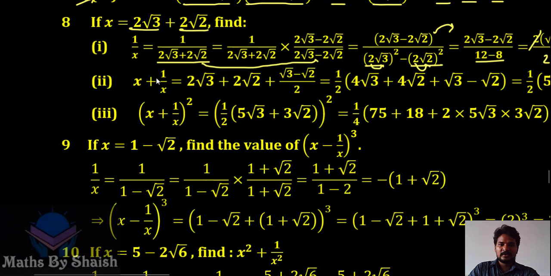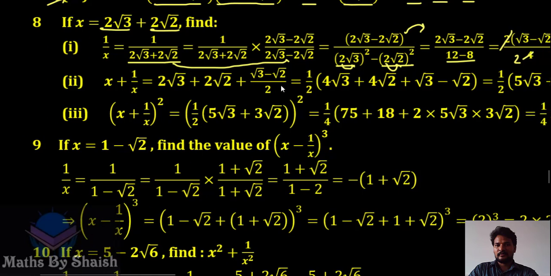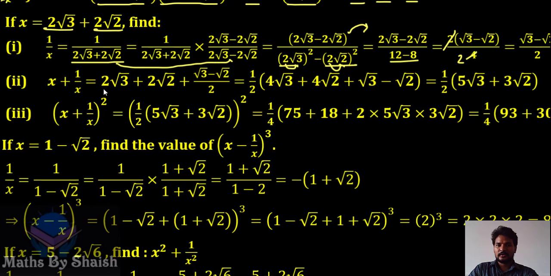The next part is to find x plus 1 upon x. So we have x already, and we have taken the 1 upon x from the first part, so x is this, 1 upon x is this. Now we can simply take 1 by 2 common. How I have done it, I have multiplied by 2 and divided by 2, so that everywhere we will get 1 by 2.